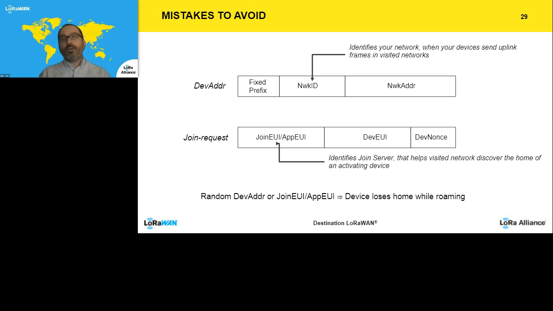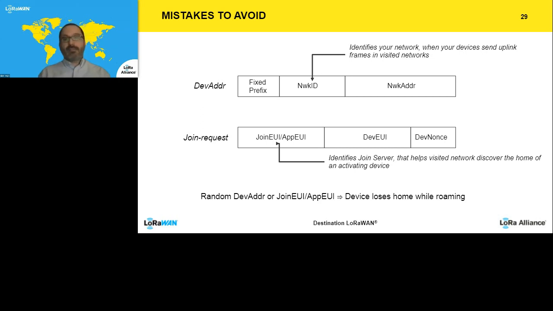So there are all these ID management schemes behind the generation of these values. And we would strongly advise you to comply with such assignment to make sure your devices can take full advantage of roaming and they don't get lost in the wilderness once they are roaming.